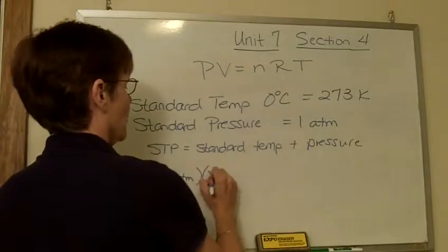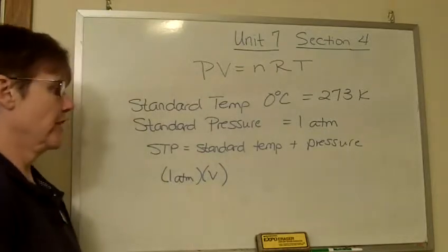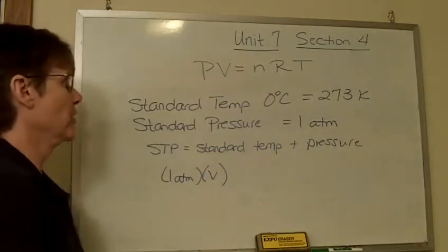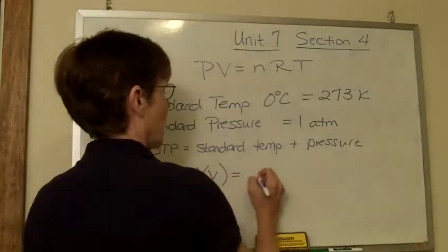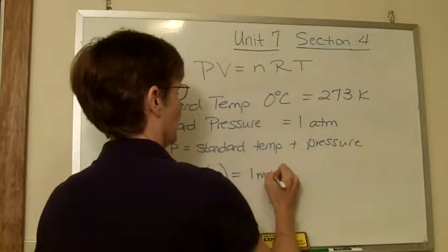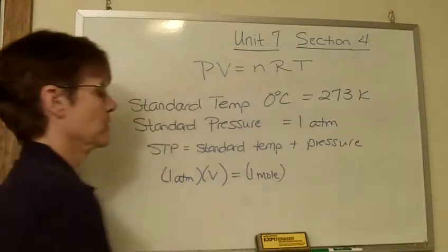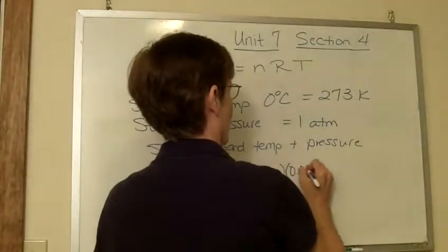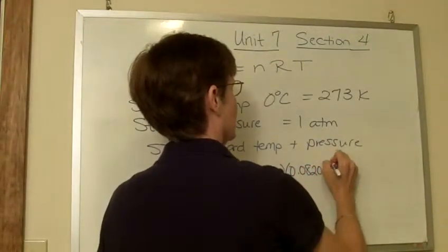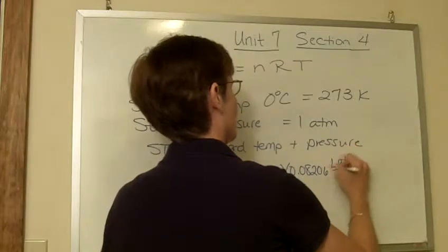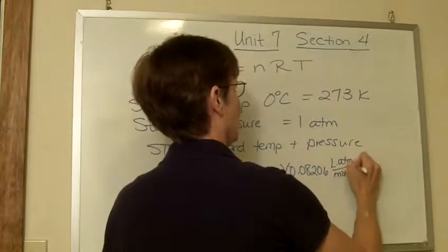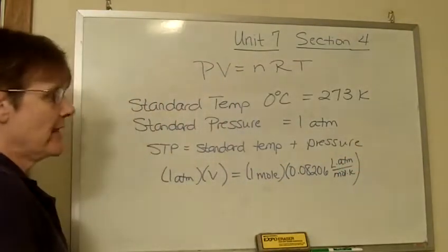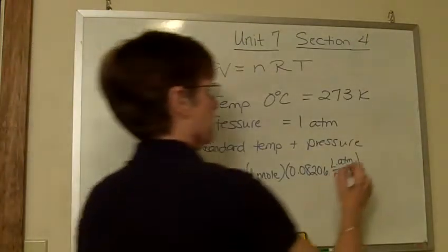The volume we'll leave as V because that's what we're trying to find out. How much volume will 1 mole occupy? And we're going to put in 1 mole because that's what we're trying to find out. How much volume does 1 mole occupy? R is 0.08206 liter atmosphere per mole kelvin. And then temperature is 273.